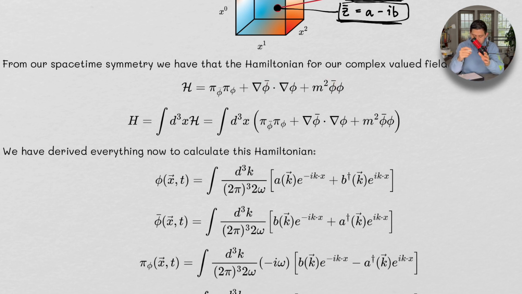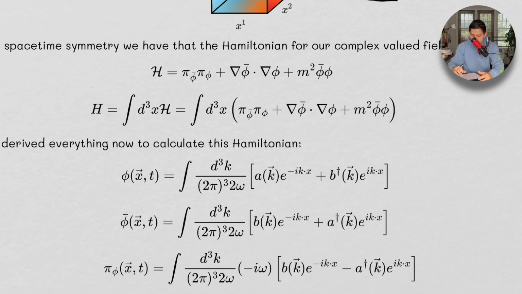Now things are going to get a little bit long and ugly because we have this new notation, and we want to keep track of what's what. When I was first going through quantum field theory, keeping track of what is what was the biggest problem for me. But now that I've gone through this quite a few times, it's not that big of a deal. So we have our complex conjugate fields.